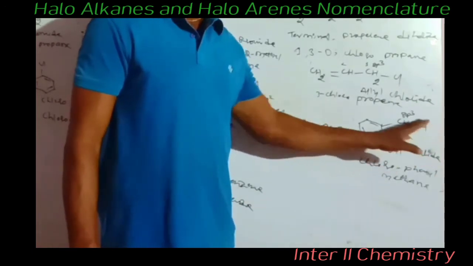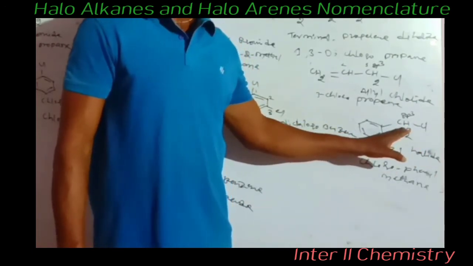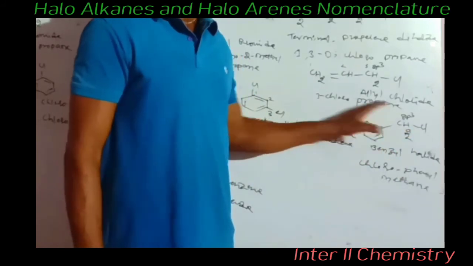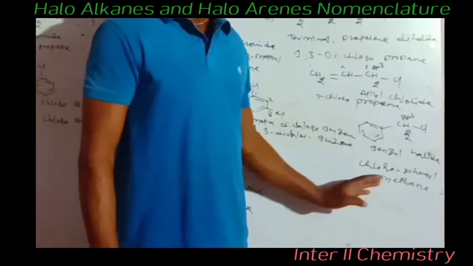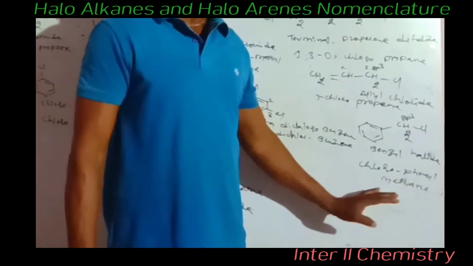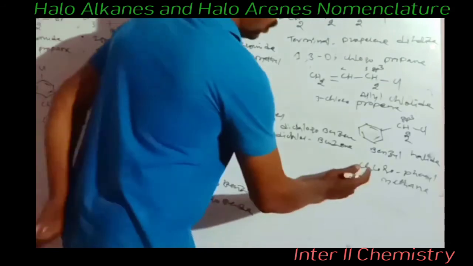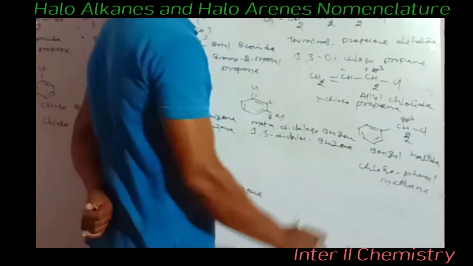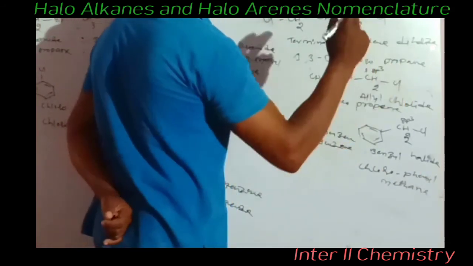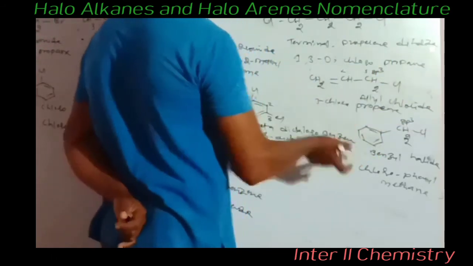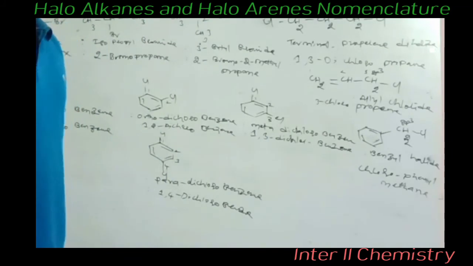So chlorine is attached to the open chain carbon, so that is methane. One is a phenyl group and another one is a halogen, so you have to write chlorophenylmethane. Chlorophenylmethane means our methane group has one carbon, so one chlorine is present and another one, the phenyl group, is also present.